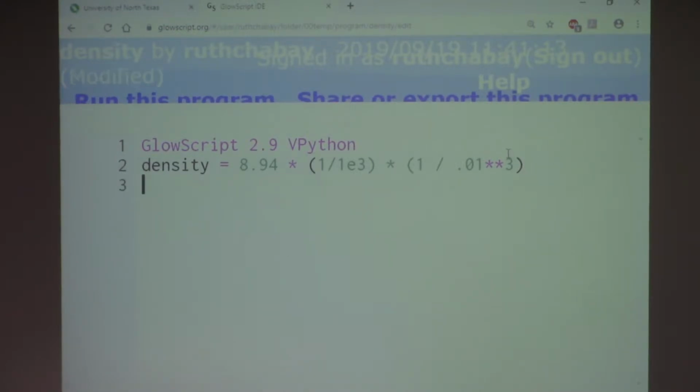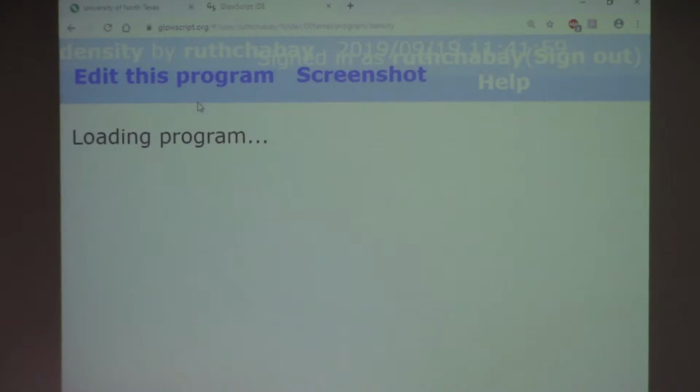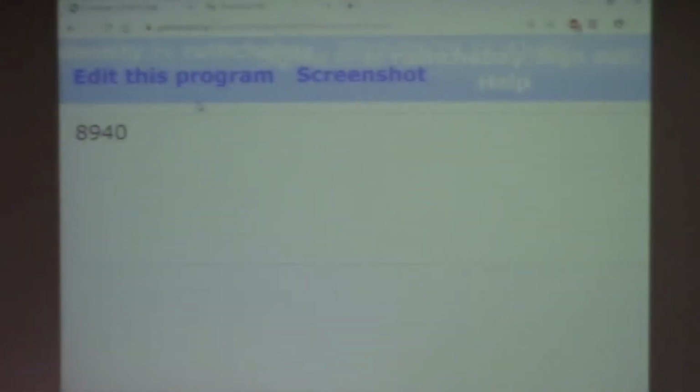And if we print that, we get, let's use scientific notation, 8.94 times 10 to the third kilograms per cubic meter.